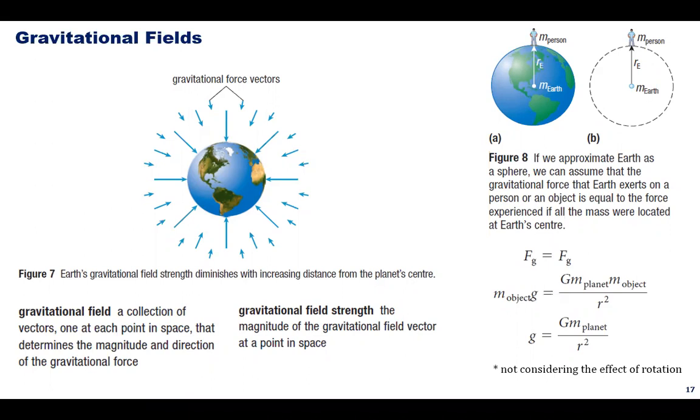On Earth, the gravitational field strength is approximately 9.8 newtons per kilogram. Notice that this has the same magnitude as the acceleration due to gravity on Earth's surface, and thus has the same symbol g.